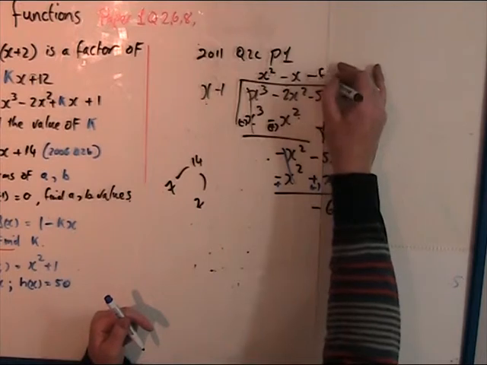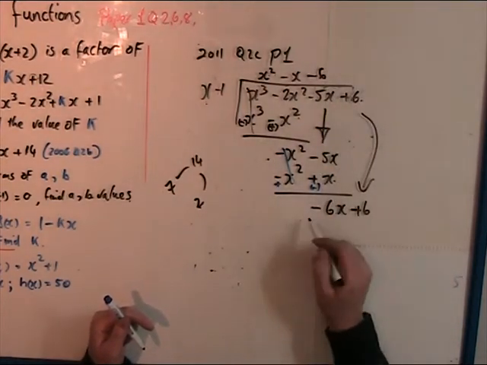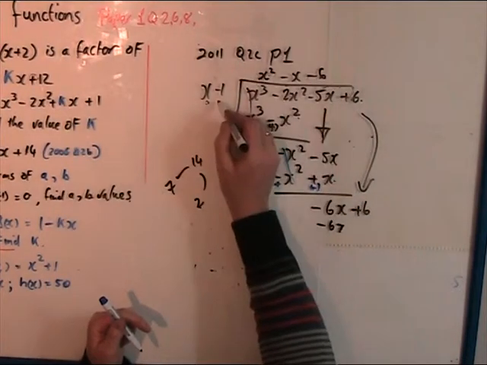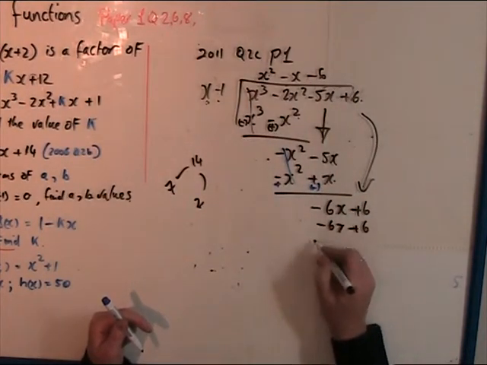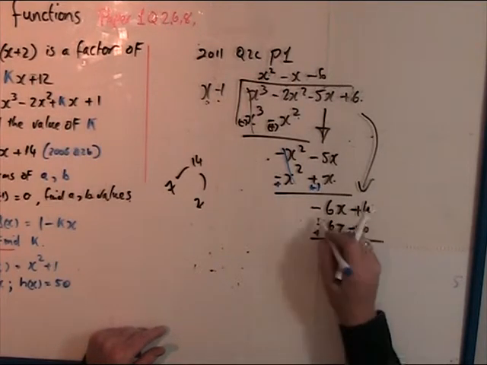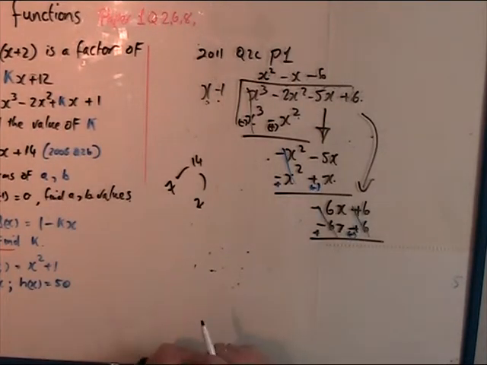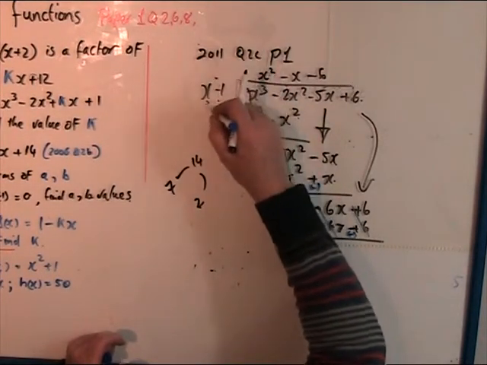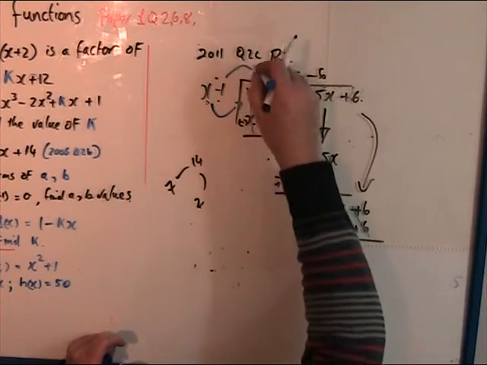I need to multiply by minus 6. So minus 6 by x is minus 6x. Minus 6 by minus 1 is plus 6. Change the signs. Plus, minus. They both cancel.